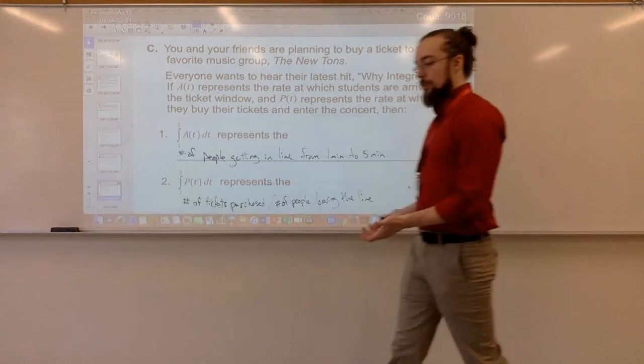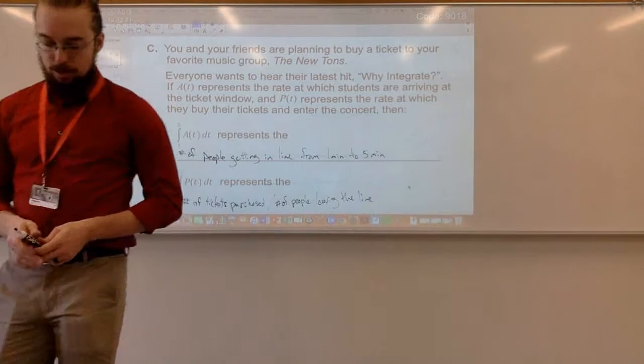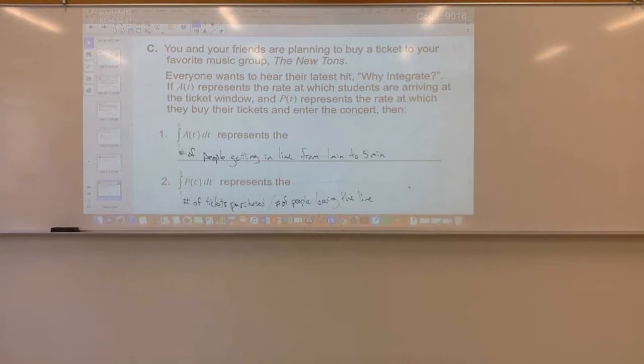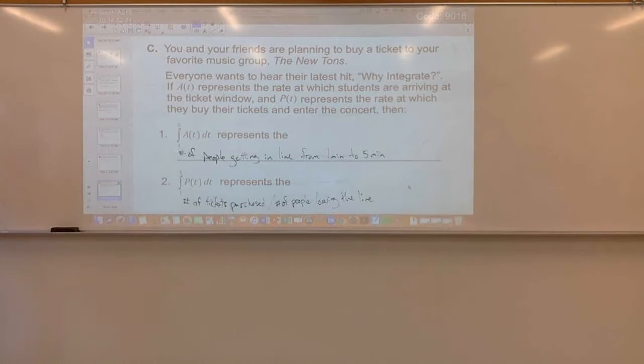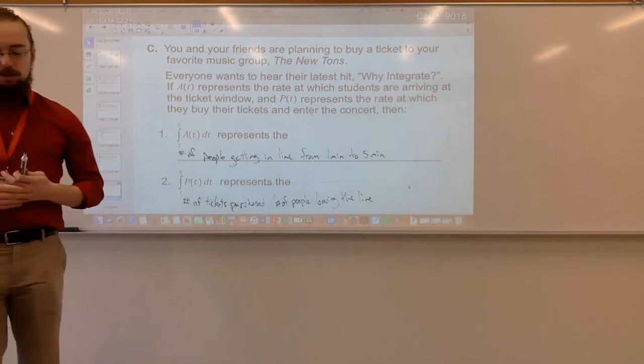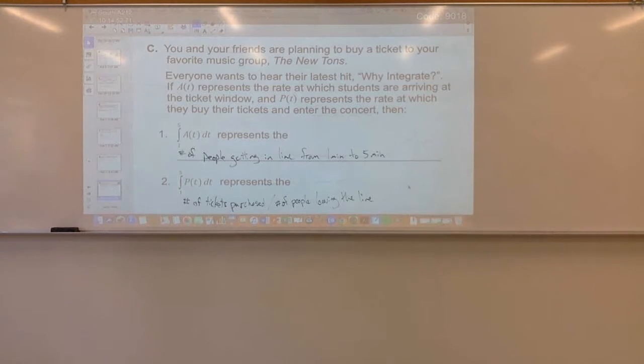All right, so then the next couple of questions. Number 3 says, if I want to combine these two functions, A of t minus P of t, what would that mean in the context of this problem? Number 4 is when we're integrating A of t minus P of t.